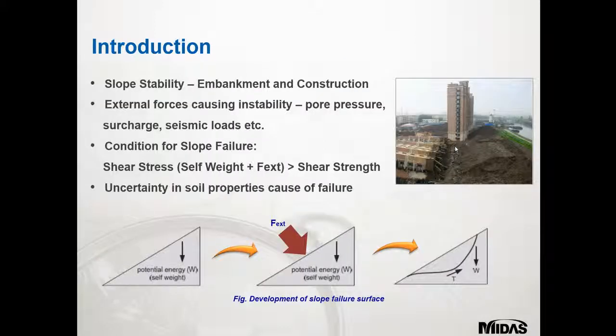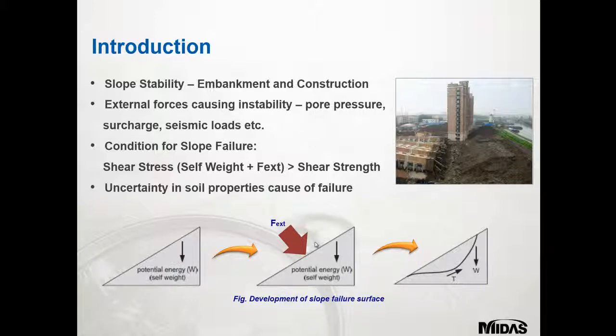So just an introduction. Slopes are encountered during construction of embankments or digging out of trenches. Stability of slopes is one of the most common yet challenging aspects in geotechnics. The sequence of images on the screen below graphically show that initially a slope is stable under its own self-weight. Instability in the slope often arises due to the action of external forces such as horizontal loads, seismic action or seepage.